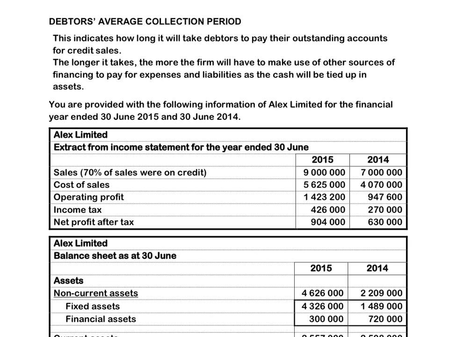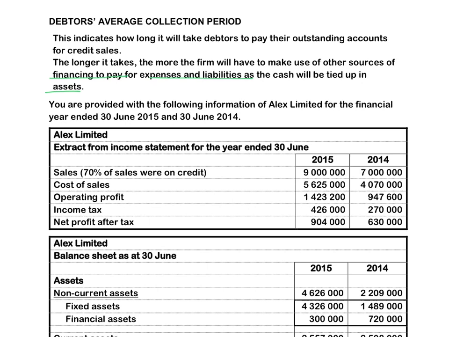The longer it takes, the more the firm will have to make use of other sources to finance the expenses and liabilities, because the cash is tied up in assets, because the goods must be sold and you must collect the money from the debtors before it's converted into cash.